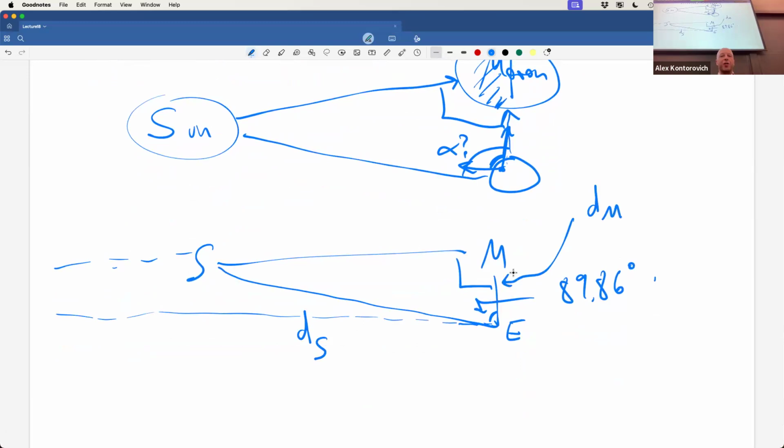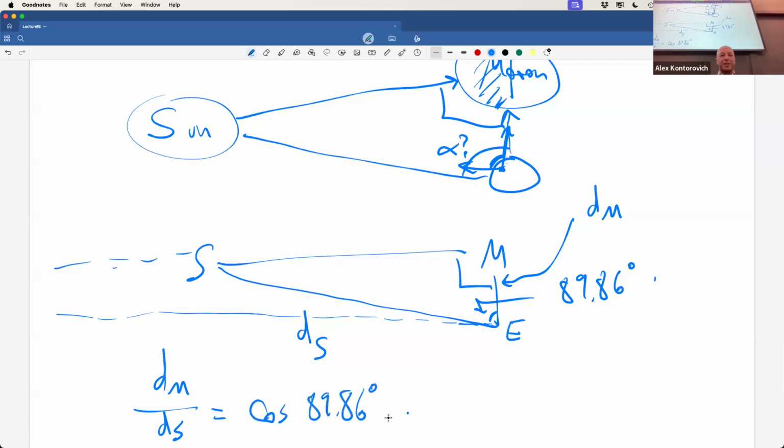So what is the ratio of the distance to the moon to the distance to the sun? Relative to this angle, we have adjacent over hypotenuse. Anybody remember what that is? Cosine. This is cosine. Cosine of 89.86 degrees.